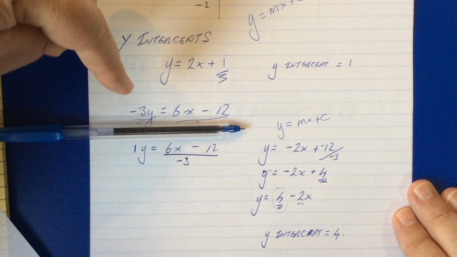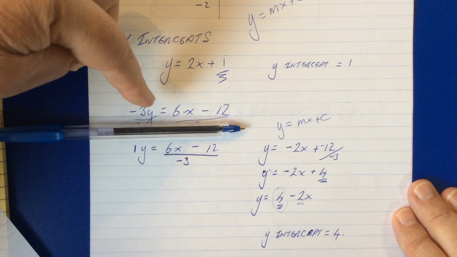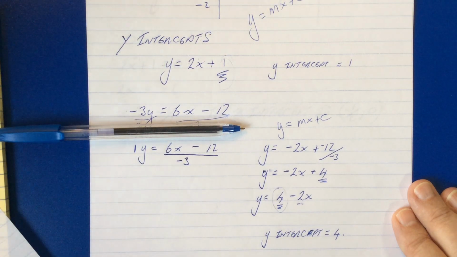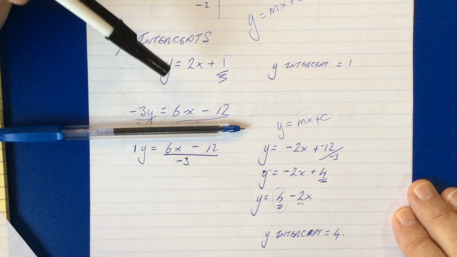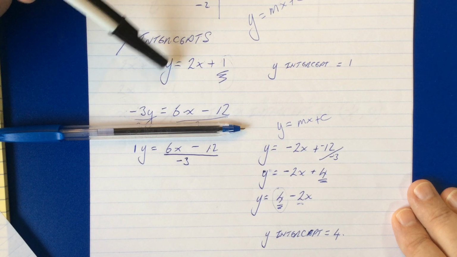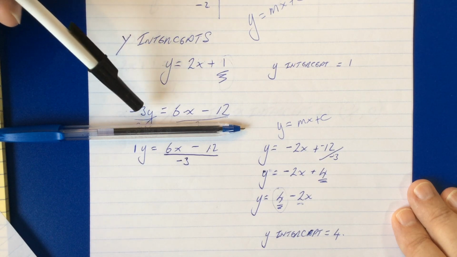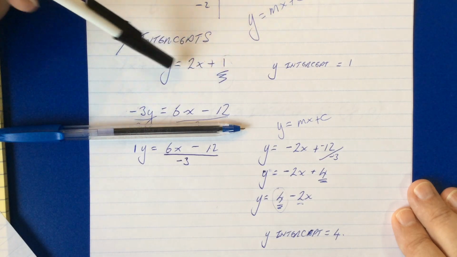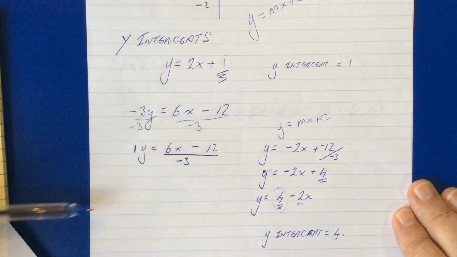And what we have here is an equation, -3y equals 6x minus 12. Now, you can see that this is not in this form. It's got a -3 in front of the y, and we need to get rid of that so that our equation will look something like this. And here's how we do it.